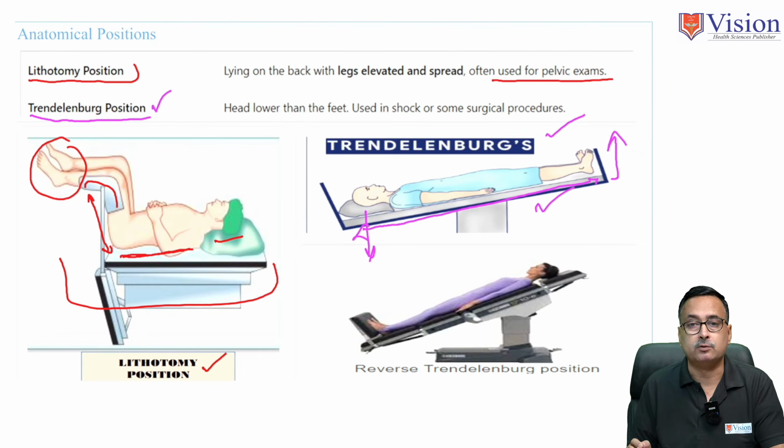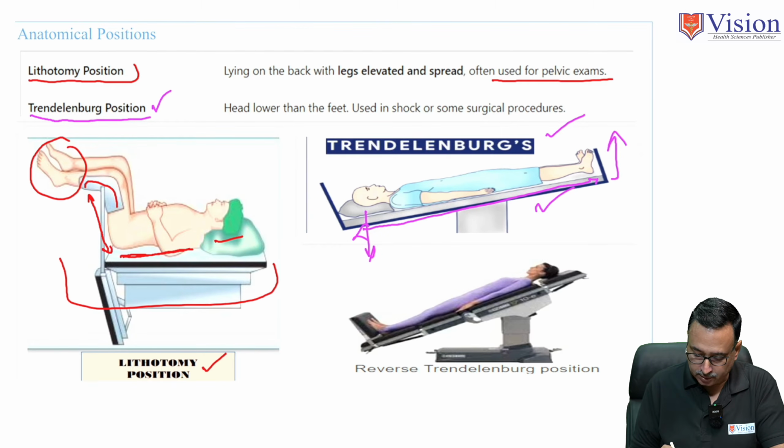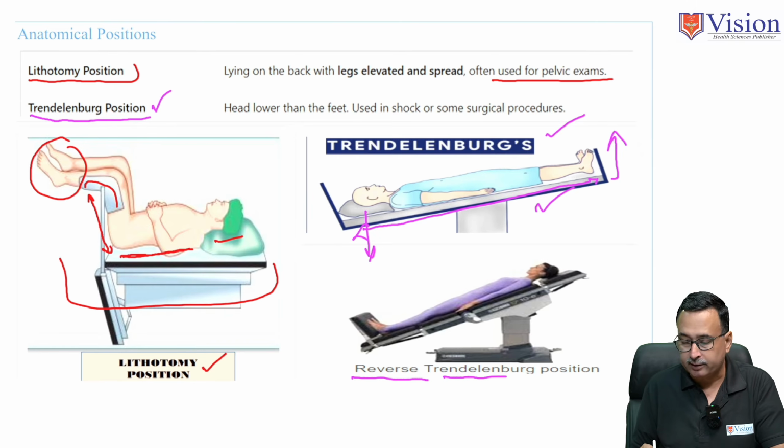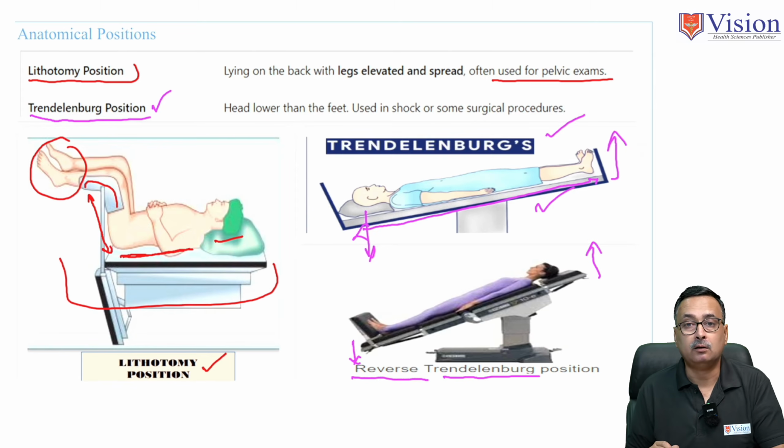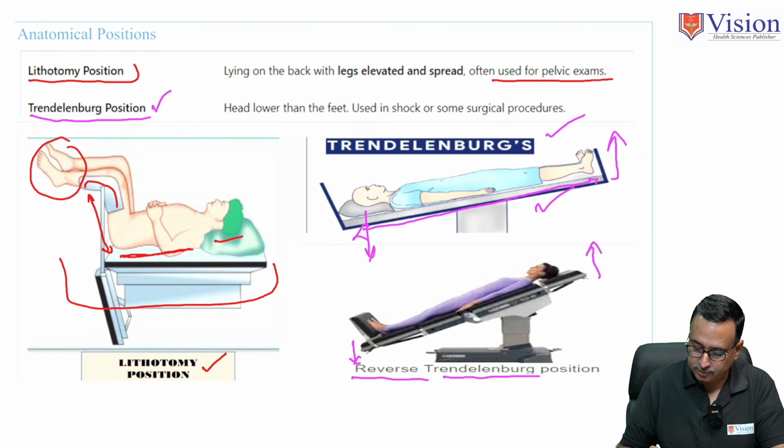This position is specifically indicated to improve venous return and to improve blood circulation to the brain. Just opposite to this is the reverse Trendelenburg position, where the head is elevated and the feet are downwardly pressed, in the head to feet direction.